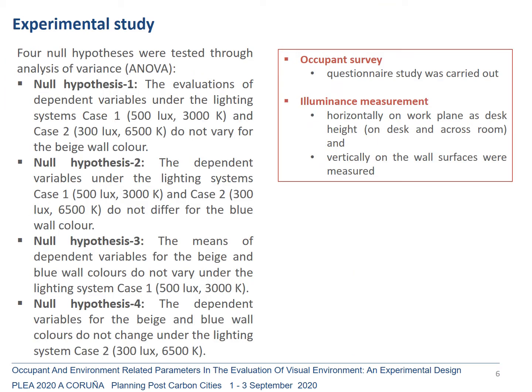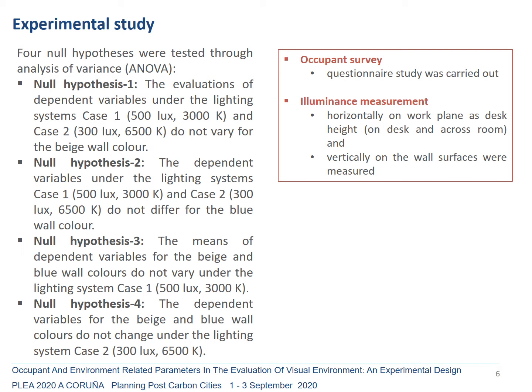In the experimental study, 4 null hypotheses were tested. These hypotheses were mainly based on how the evaluations of dependent variables change when we change the lighting parameters and interior design parameter. So illuminance level, CCT, and wall color.